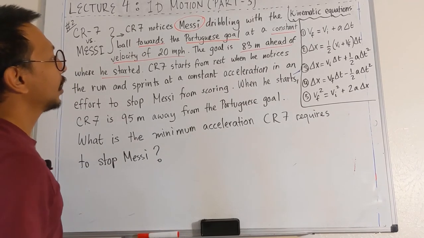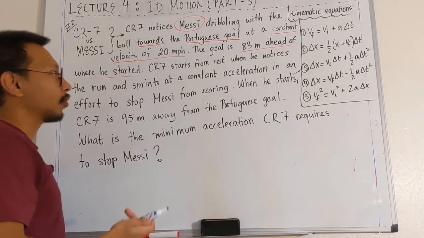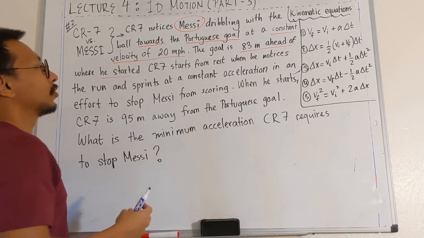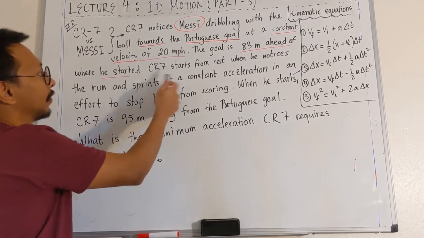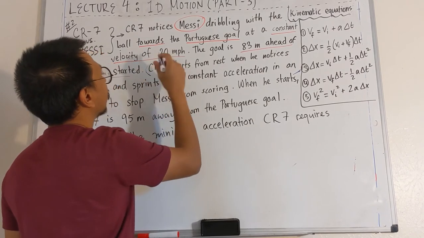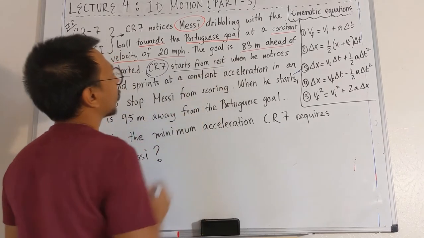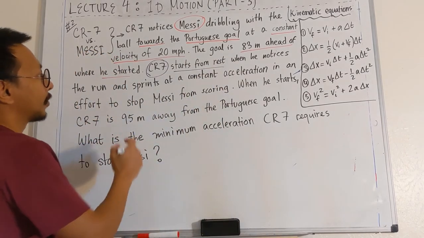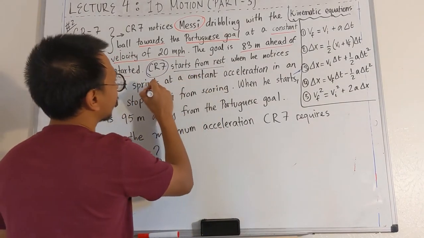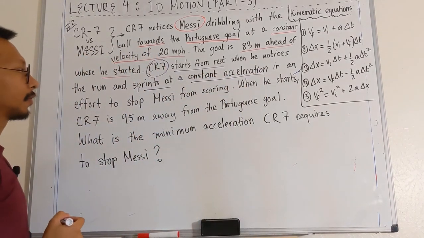Now, Cristiano notices this run from Messi and he doesn't want Messi to score. So what he does, he tries to sprint and catch up to him. So CR7, in purple, starts from rest. When he notices the run, he sprints at a constant acceleration in an effort to stop Messi from scoring.